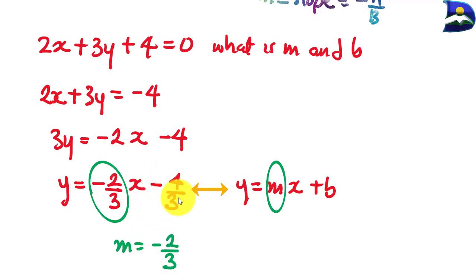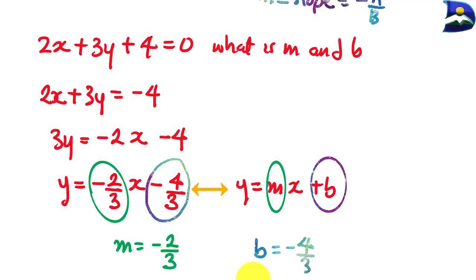On the other hand, negative 4 over 3 is aligned with our positive b. Therefore, b is equal to the division of 4 and 3 multiplied by negative 1, so b is equal to negative 4 over 3.